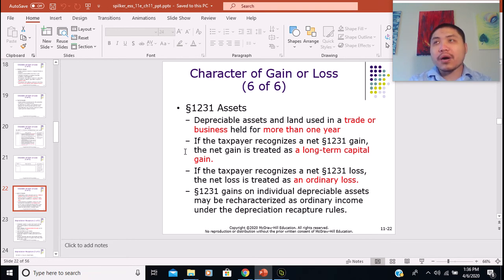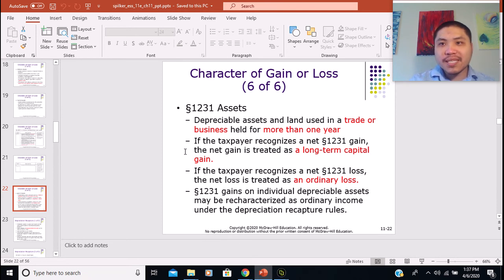The preferential rate for long-term capital gain is only applied to appreciation in value. But in this case, there's no increase in the economic value of the asset. It's still worth $1,000, but because of the depreciation, they can record a gain.